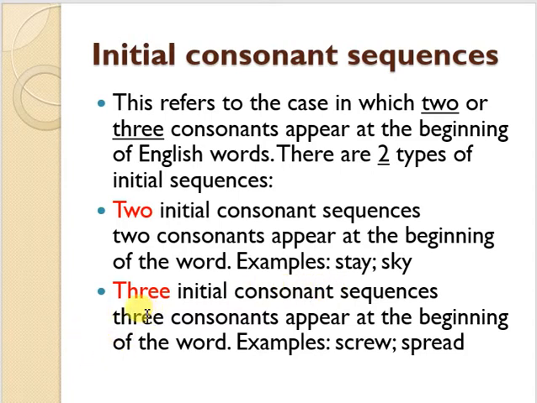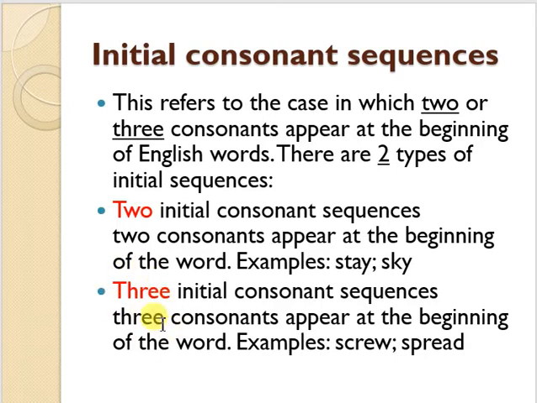In case we have three initial consonant sequences, how is the case? We have three consonants appearing at the beginning of a word in a sequence, in a chain of consonant sounds, and there is no vowel sound between them.